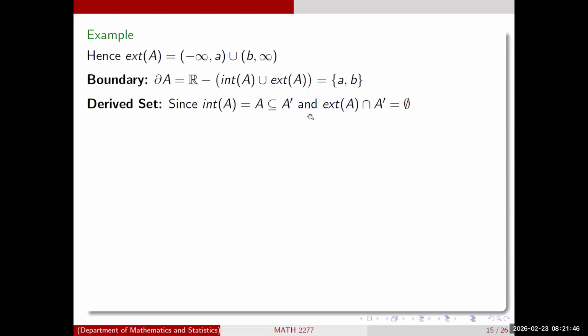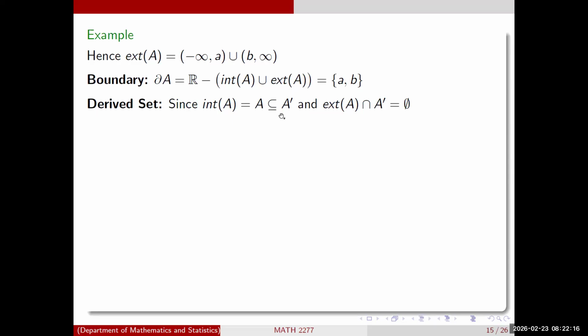Okay. And we also just showed in that proof we did by contradiction that the exterior intersection the derived set is empty. So what these two things are telling me is that if you are an interior point, then right away you are a limit point. So all the interior points are limit points.